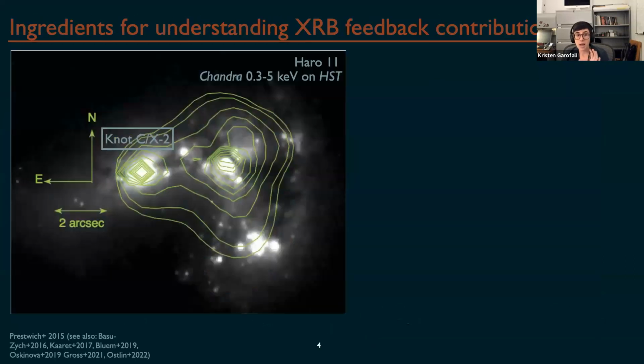So we need to have a few ingredients to understand this contribution to feedback. Here I'm showing an image of Haro 11 with the Chandra 0.3 to 5 keV contours on an HST image, just as an example, a toy model of how X-ray feedback might operate.